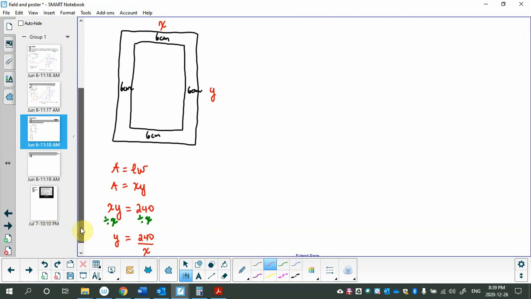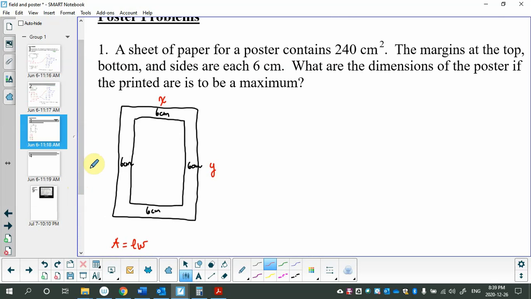Now, I still haven't read half my problem. It says, what are the dimensions of the poster if the printed area is to be a maximum? So I want to maximize, and this is my color coding, and I'm using blue because maximizing means derivative. So I need to know the edges of what I'm outlining in blue.